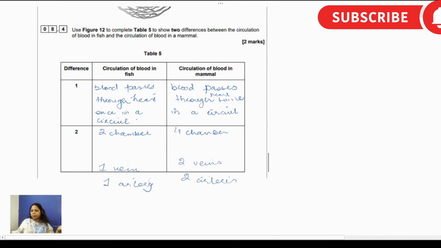What else can be? It can be related to pressure. There would be lower pressure in single circulation, while in double circulation, because the left part is pumping it with greater pressure, the pressure is high.